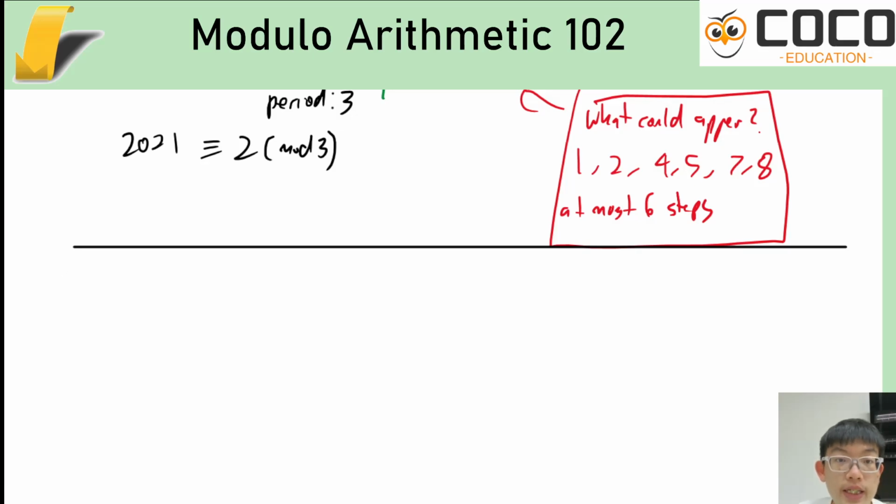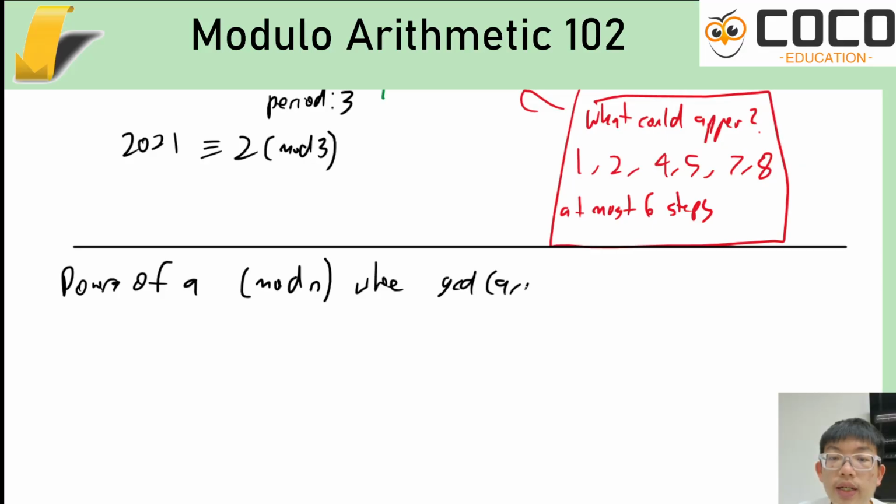Well, let's say that I'm looking at powers of A mod n, where A and n are co-prime. If A and n are not co-prime, that will be a totally different issue. For example, powers of 3 mod 9 will just give you 3, 0, 0, 0, 0, 0, 0, 0. So that's not the kind of thing we're focusing on.